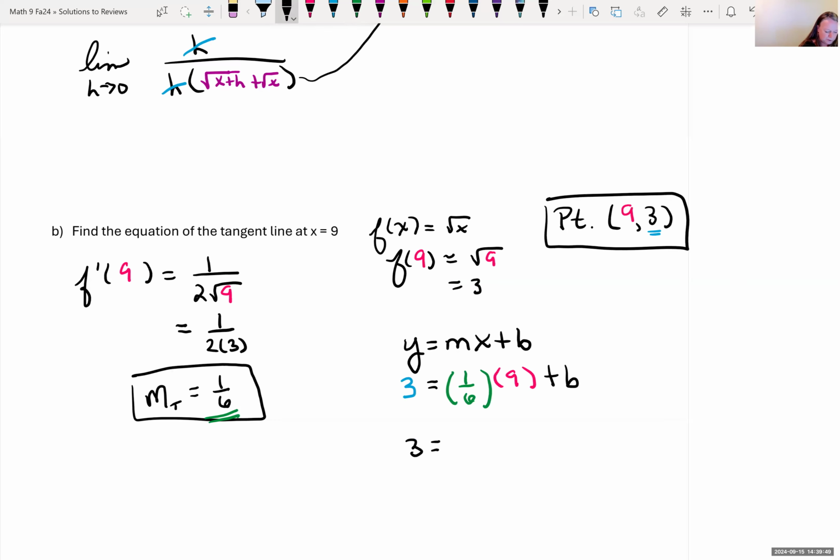So 3 is equal to, I see 9 and 6 reduces. They both, 9 and 6, are divisible by 3. 3 goes into 9 three times, and 3 goes into 6 twice. So that reduces to 3/2 plus b.